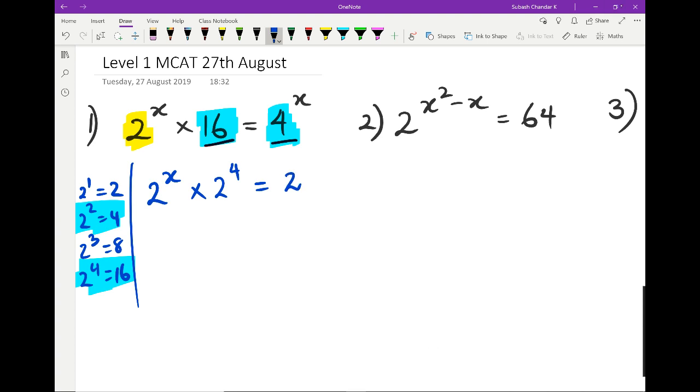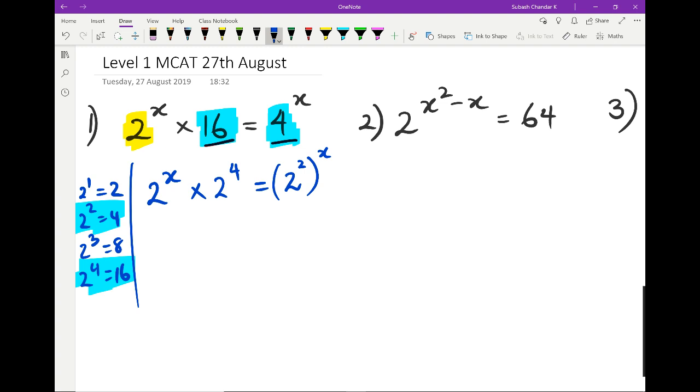So I can rewrite 4 as 2 squared, and then I'm just going to leave x as it is. That's one of the things that you need to do. And I think in the majority of the papers that I've seen, if you rewrite the question with base 2, you do get an achieved grade for it. So it's one of those easy achieved grades to pick up.